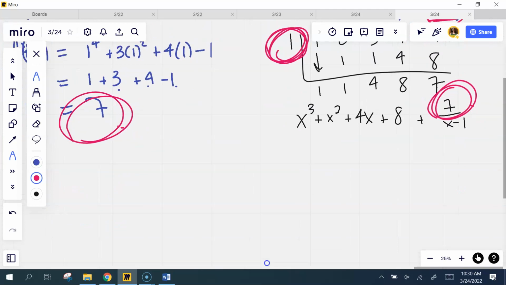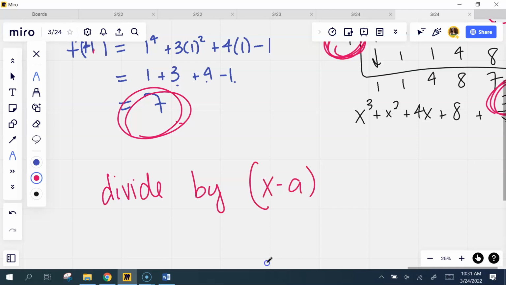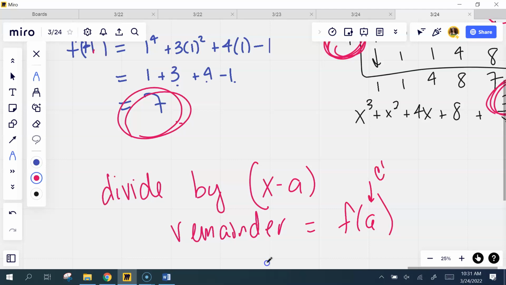Then the remainder, if you divide by x minus a, then the remainder is what you get when you plug a in. Now notice I've got to change the sign here whenever I plug in.